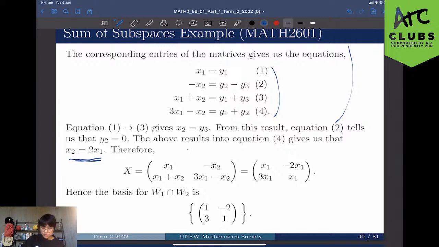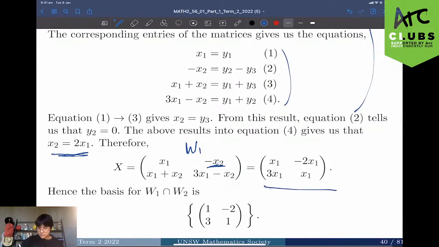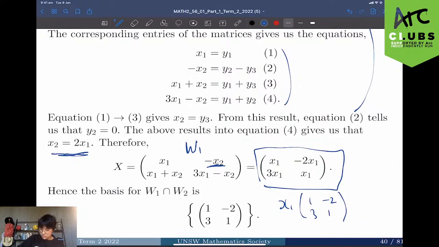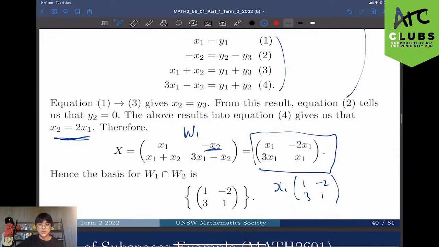And therefore, if we start off with a matrix in W1, we can sub in this information, that x2 equals 2x1, here. And we'll find that the matrix is only in terms of x1, which means we can factor out the x1. And the basis of this intersection is just multiples of this matrix.